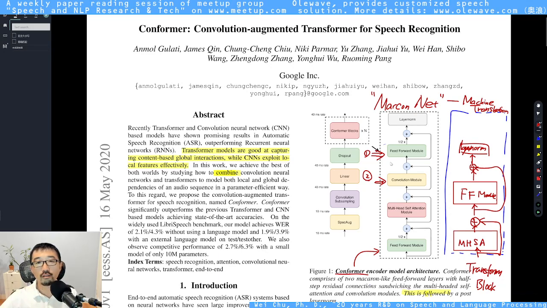In a Macron, you have the top stuff is maybe a green band. Okay, the bottom is also a green band. Two feed forward there. And you have the stuffing. The stuffing they use is the multi-head attention module plus the convolution module. I like the coloring.